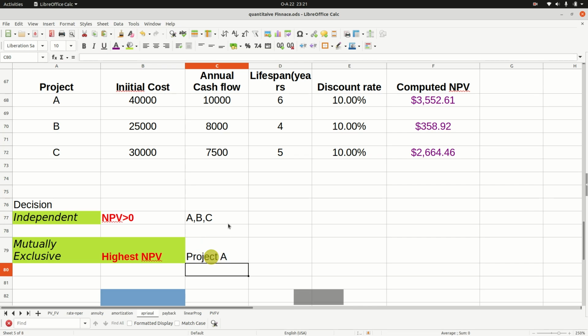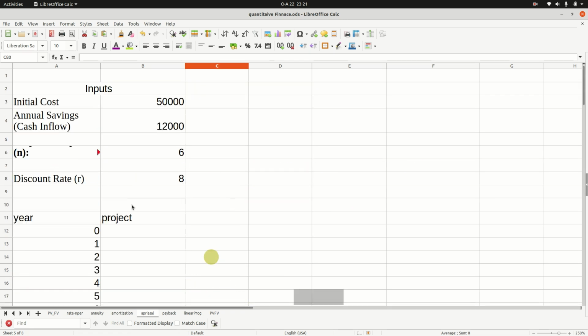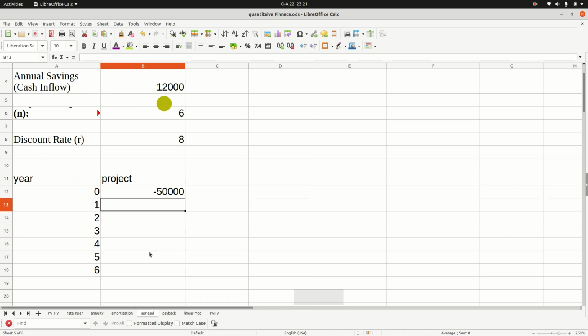So I think we can now go ahead and take our main example. Initially the cost was negative 5,000, and then it was 12,000 for each year throughout the 6 years. So I'm going to copy this and paste it here.